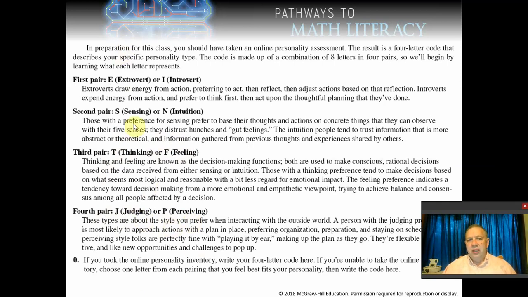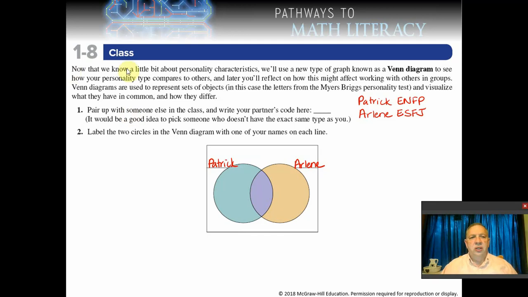I'm just going to use these letter codes and then put them in terms of a Venn diagram so we can see, if 2 people took this personality assessment, how they look at things in common and how they are different. So here is a Venn diagram.